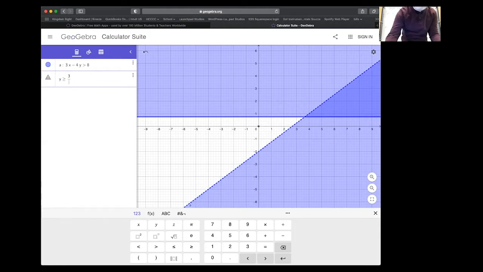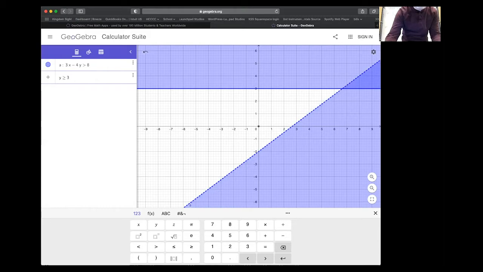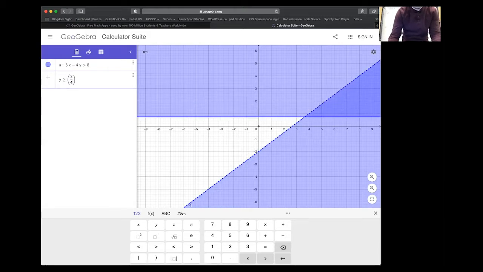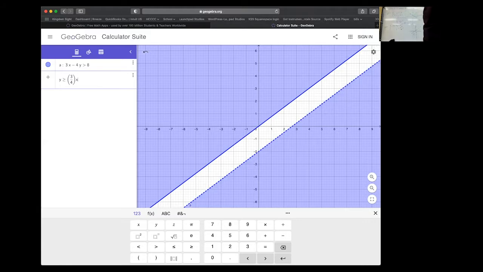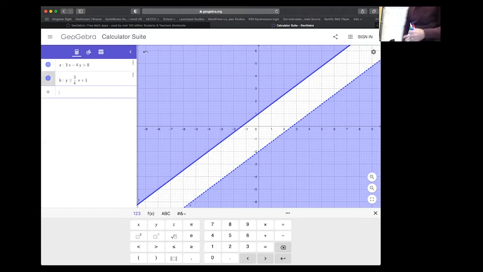So I think the way you have to do it is, you can either do parentheses, 3 divided by 4, or you can just say 3x over 4. x plus 1. Okay? So you can always check your work on GeoGebra.com. It's a nice little website there.